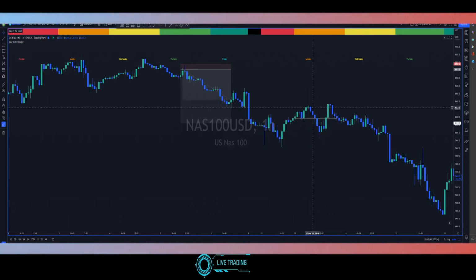But as I'm saying that, I'm looking to my left, and Friday created this beautiful bearish order block right over here for that push down.